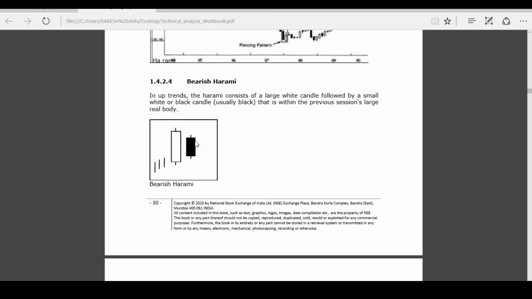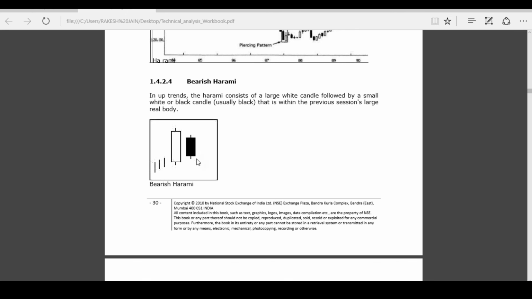So it's just the opposite of engulfing patterns. In the engulfing, the first day's real body was within the real body of day 2. Here, it is the second day's real body. Any questions? This is not engulfing. Bearish engulfing was here, where the first day's real white body is wholly covered by the real body of the second day.